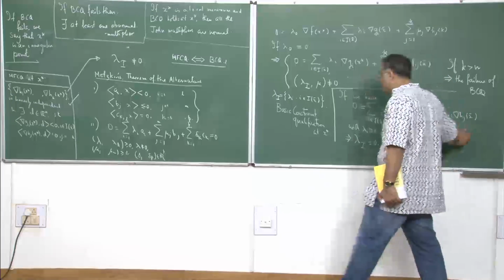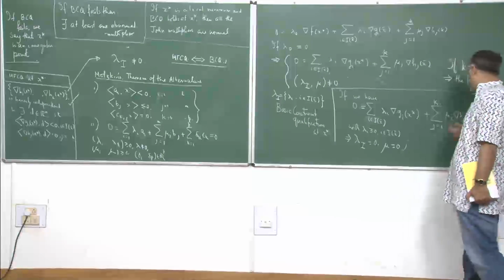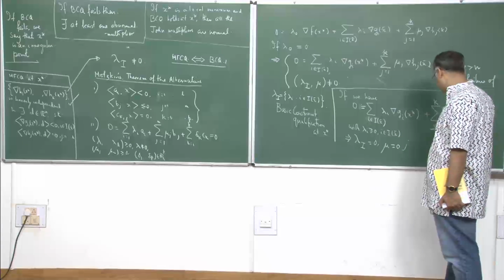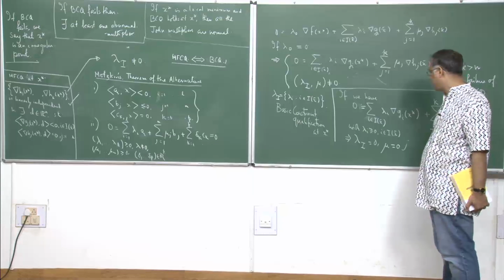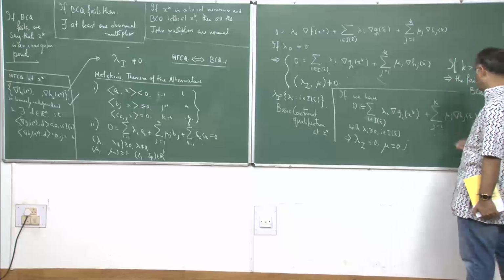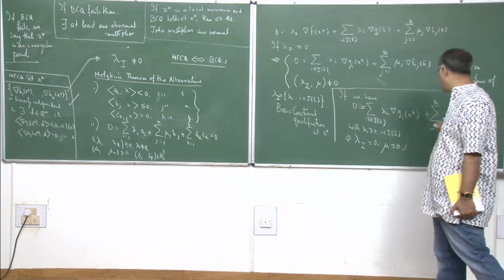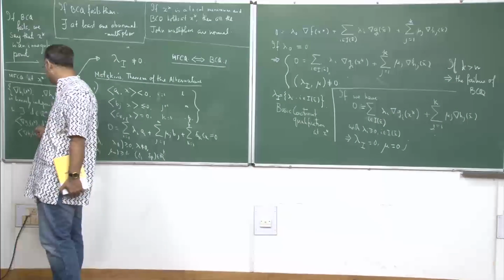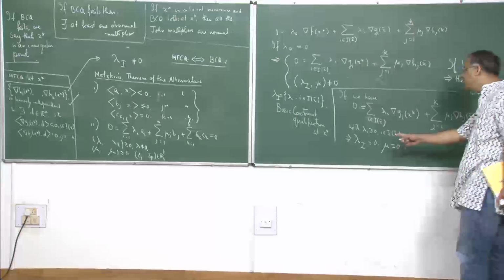So, BCQ holds, this is linearly independent, and if this is linearly independent, then we have applied Mokins alternative theorem on this part to conclude this thing, and of course, lambda I cannot be all equal to 0.